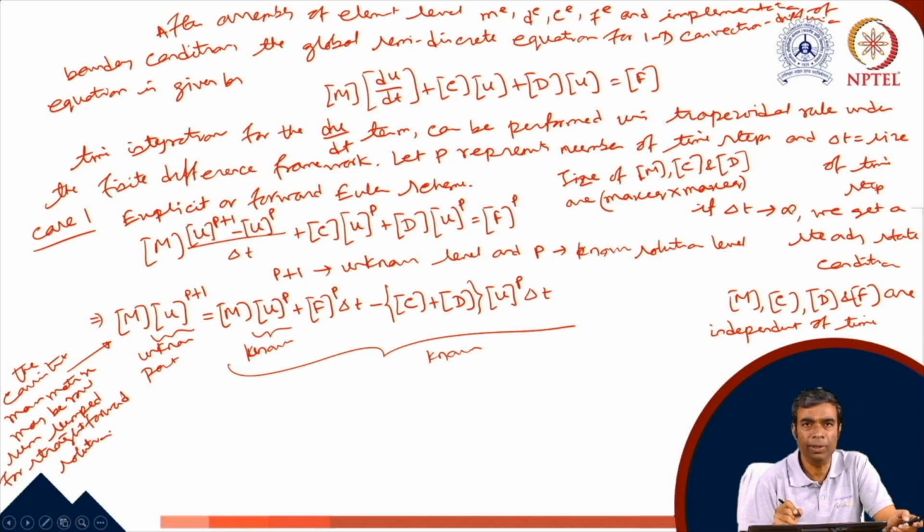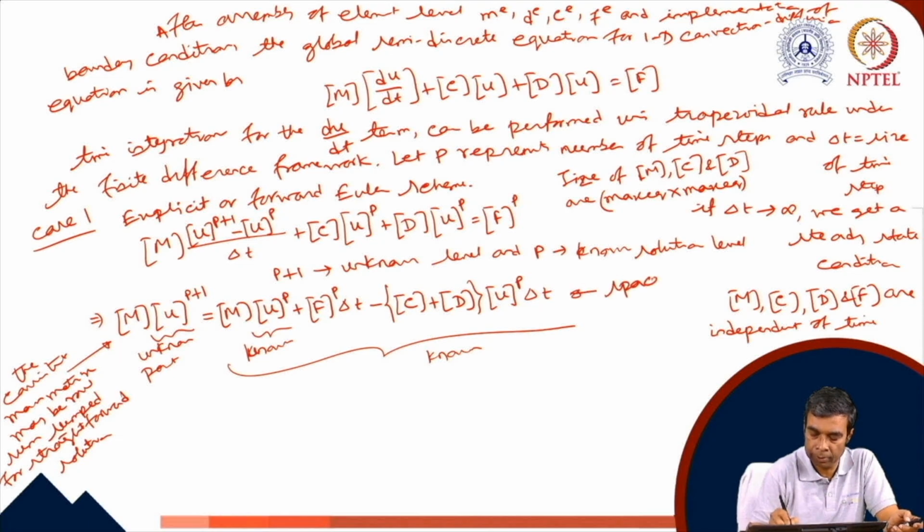Now we illustrate the fully implicit scheme or the implicit Euler scheme. So this represents the space and time discretized algebraic equation system.